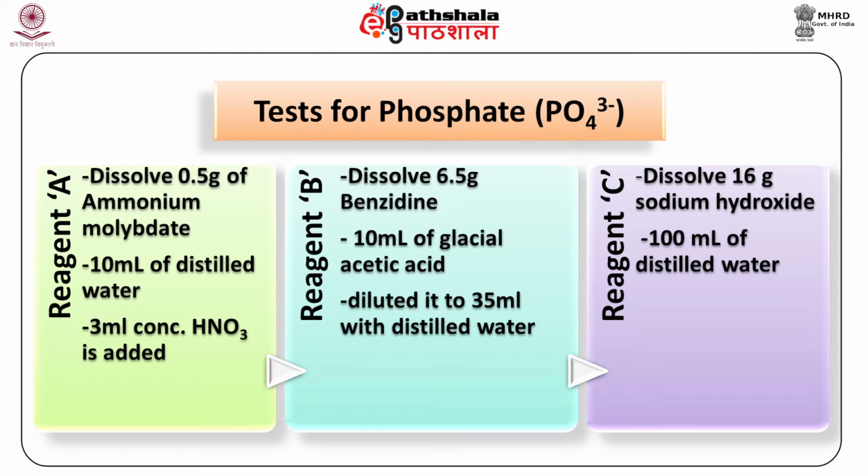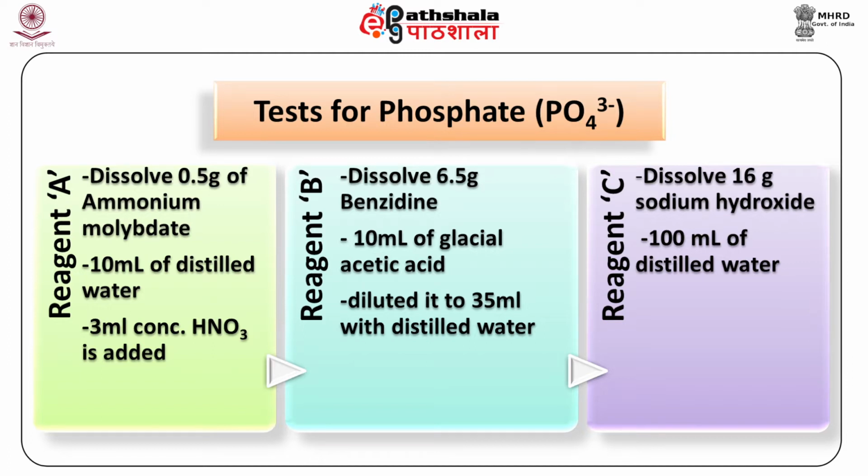Reagent B: it is prepared by dissolving 6.5 grams of benzidine in 10 ml of glacial acetic acid and diluting it to 35 milliliters with distilled water.